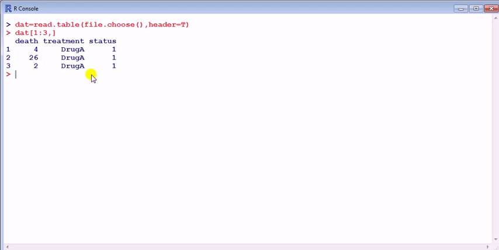So some individuals are still alive either at the end of the trial or that they've dropped out at some point, so we just know that they're still alive.